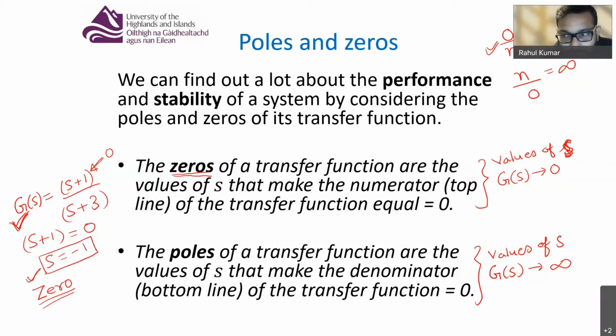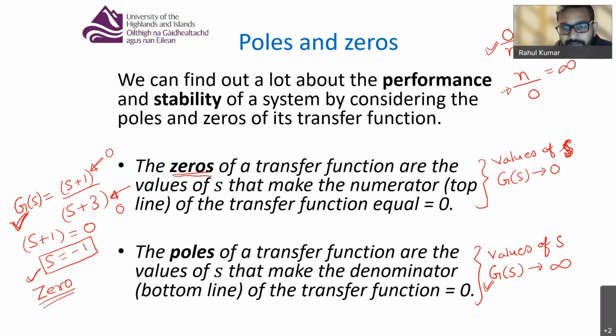Similarly, poles. Poles of a transfer function are those values of s which make my transfer function infinite. Infinite means I have to make the bottom line equal to 0.